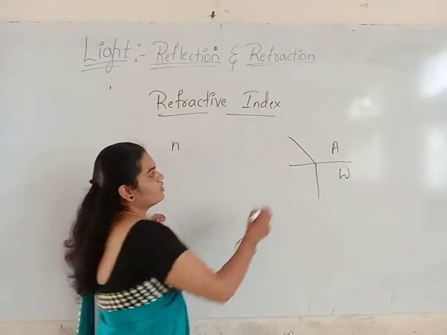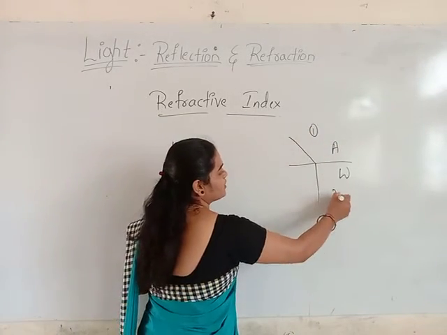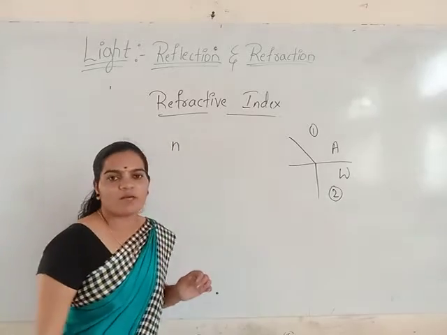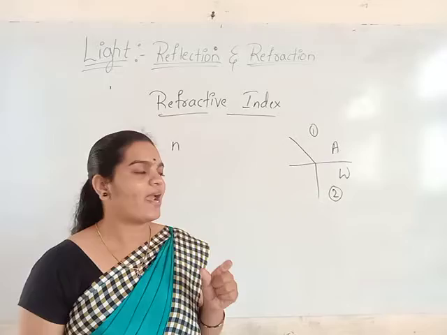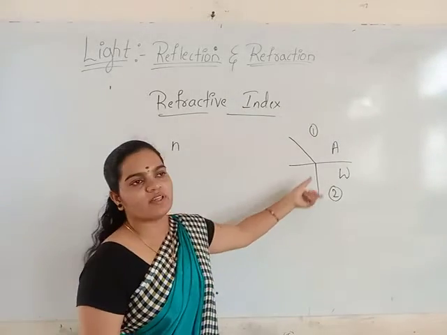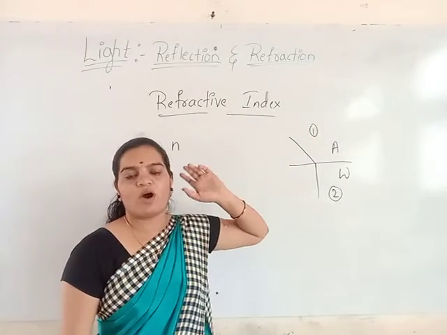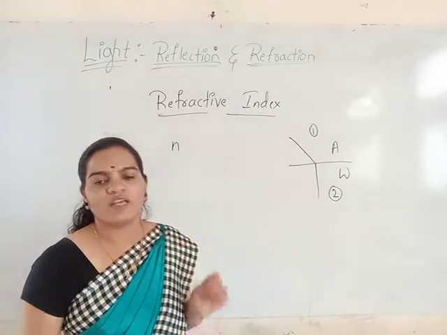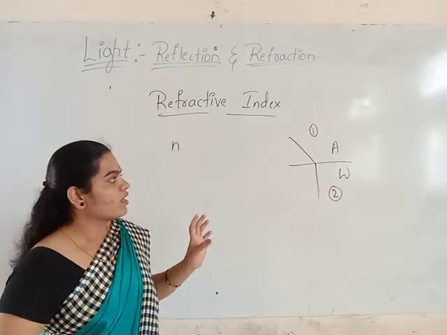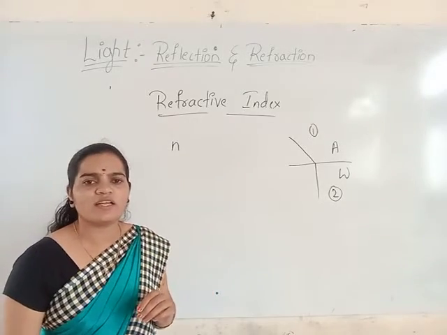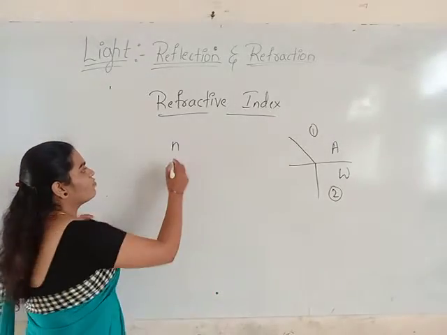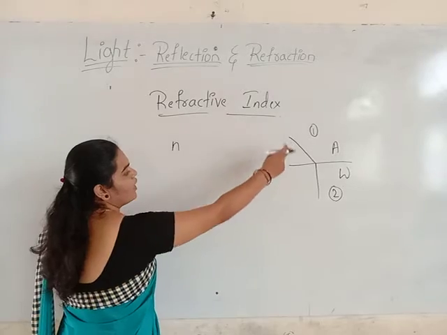Calculate that. So this is medium 1 and this is medium 2. Now I am supposed to calculate the speed of light in the second medium with respect to the first medium, or the refractive index of the light in the air medium with respect to water. To calculate the refractive index, we are taking the two mediums 1 and 2.